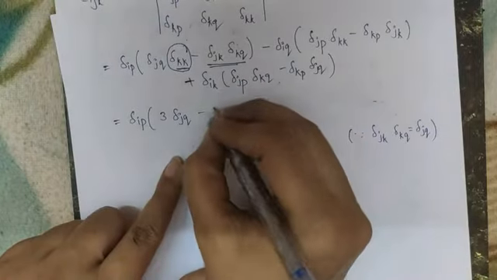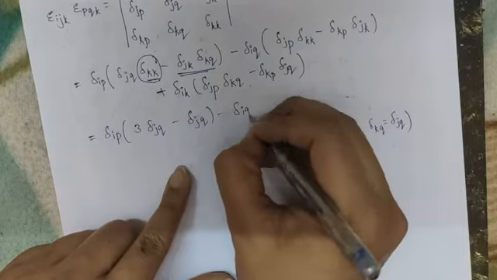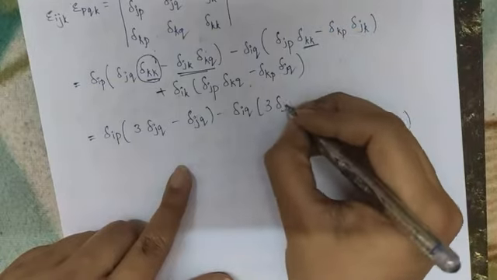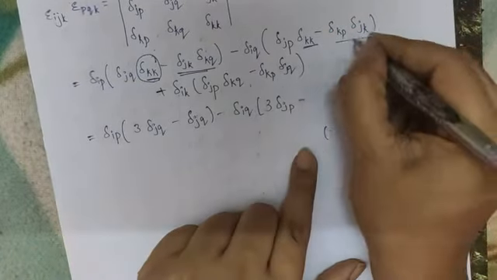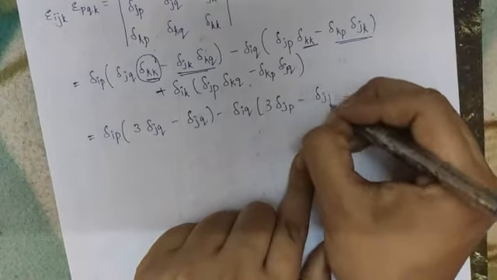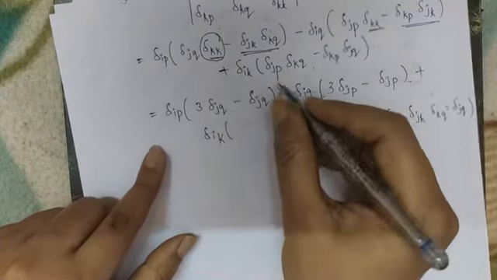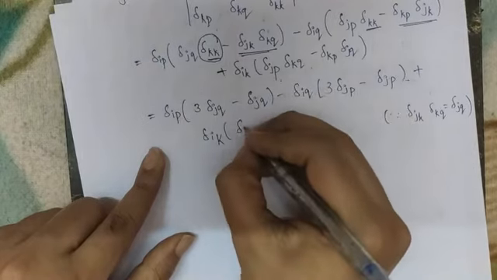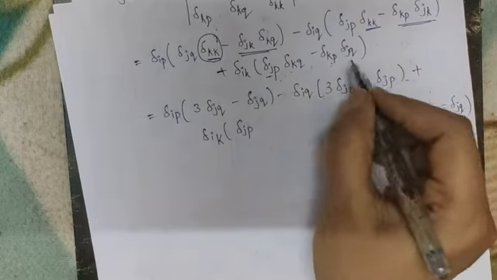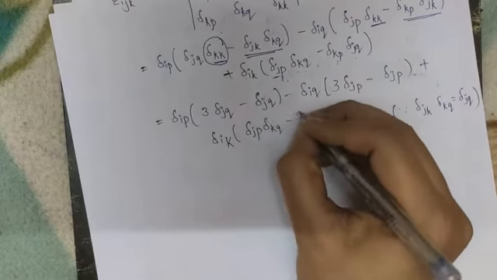So from that this will become delta jq minus delta iq into 3, the value of delta kk, into delta jp minus, again use the substitution property here. You will get this as delta jp, plus delta ik into delta jp. I cannot use any substitution property for this as well as for this, since all are free suffixes here. I will rewrite this as it is.